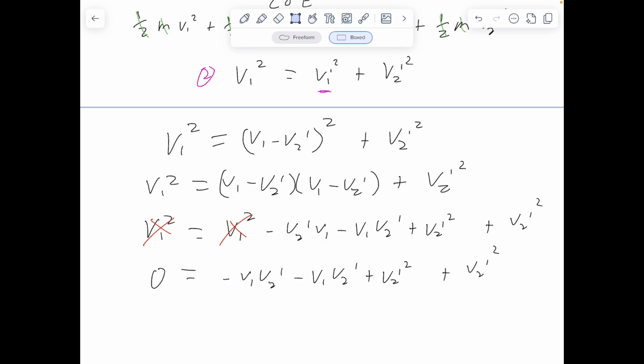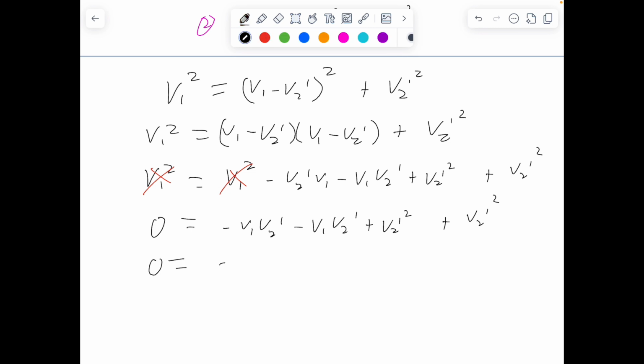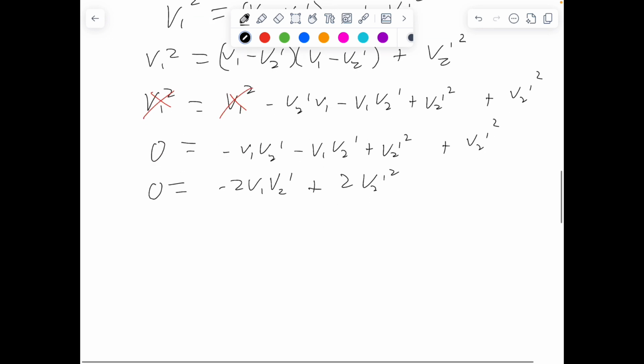So then I can combine some terms. 0 is equal to negative 2 V1 V2 prime plus, and then I have a V2 prime squared and a V2 prime squared, that's 2 V2 prime squared. Let's move over that negative 2 V1 V2 prime, so that it winds up being positive 2 V2 prime squared.